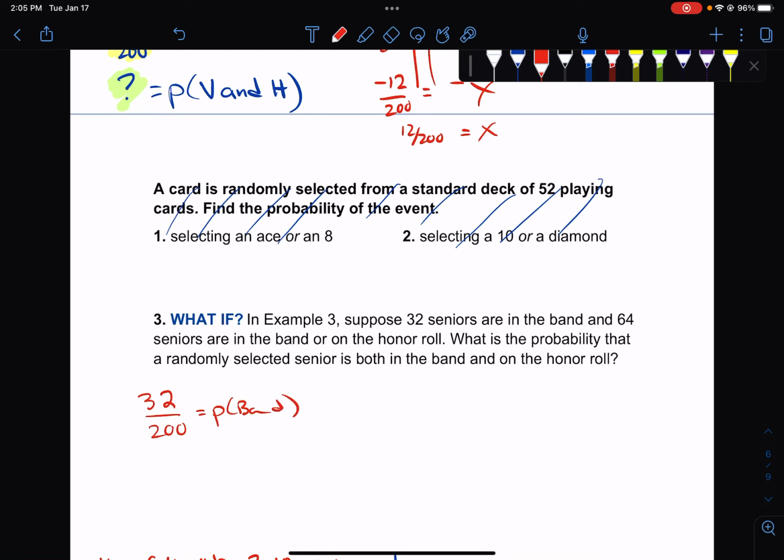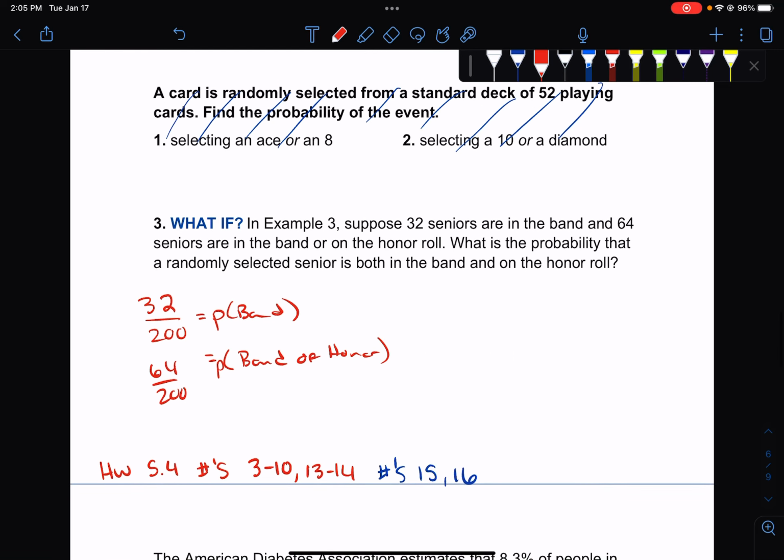And 64 seniors are in band or on the honor roll. So 64 out of 200 is the probability of being in band or the honor roll. What's the probability that someone is in band and on the honor roll?